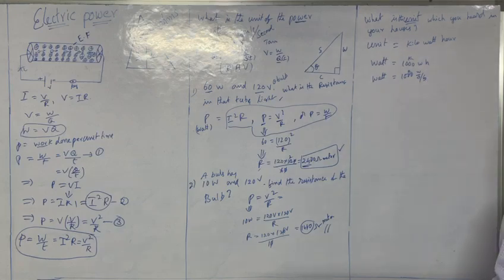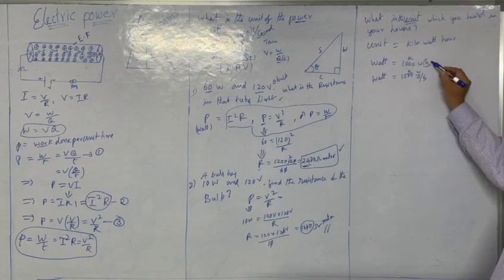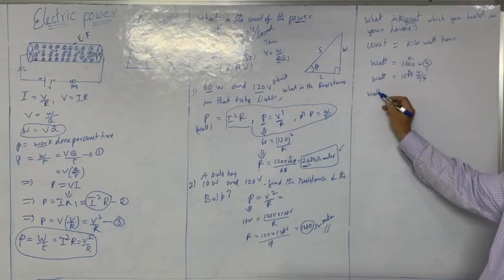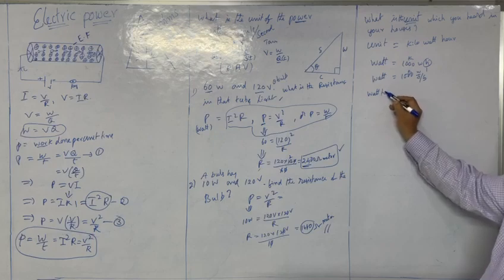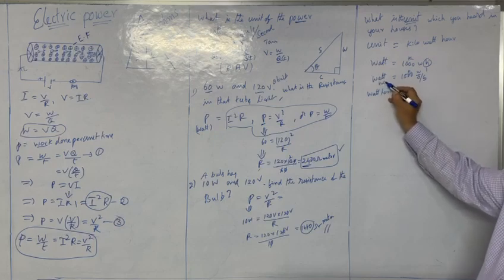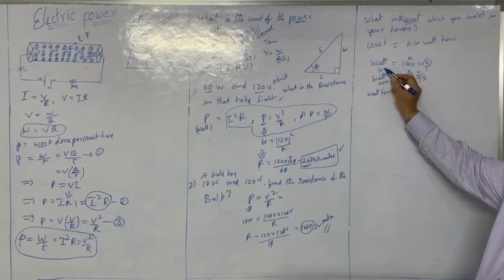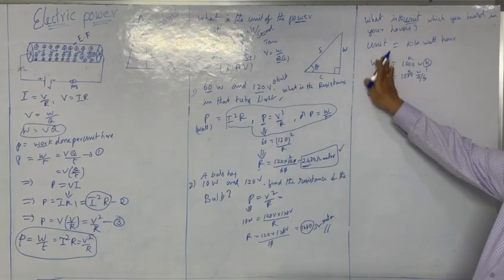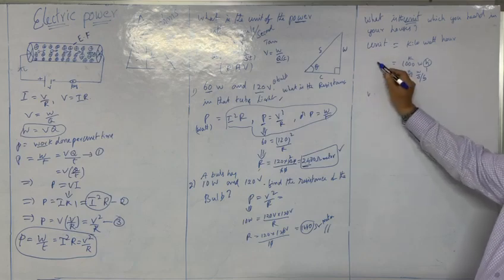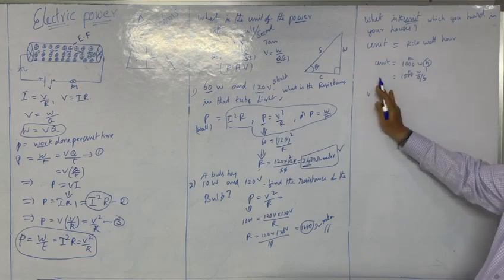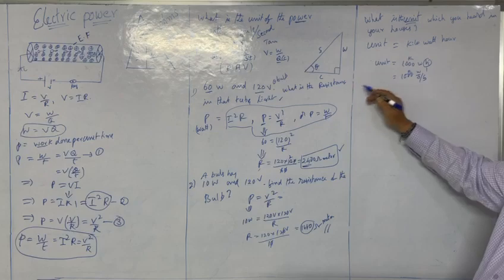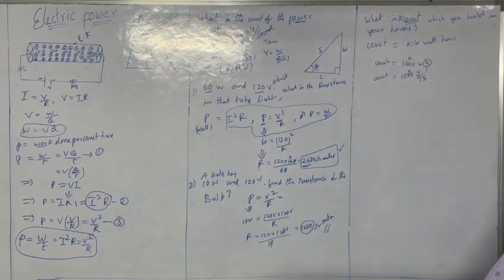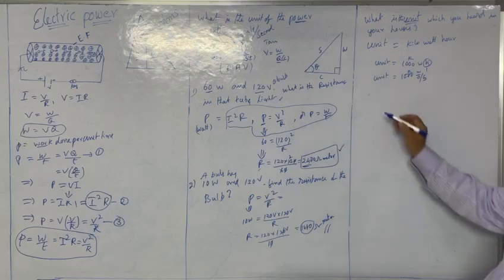The hour is in seconds here. Watt hour is also called unit. Unit is equal to 1000 watt hour, or unit is equal to 1000 joules per second.